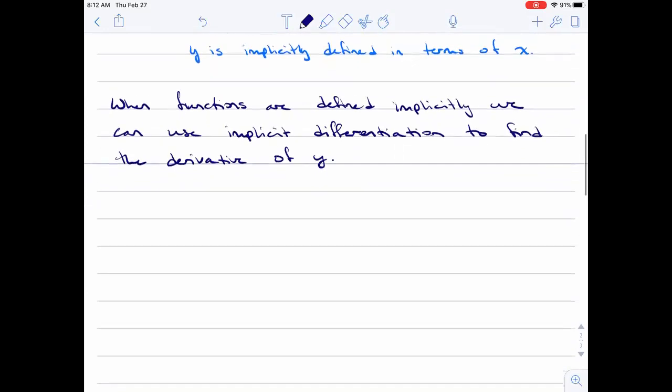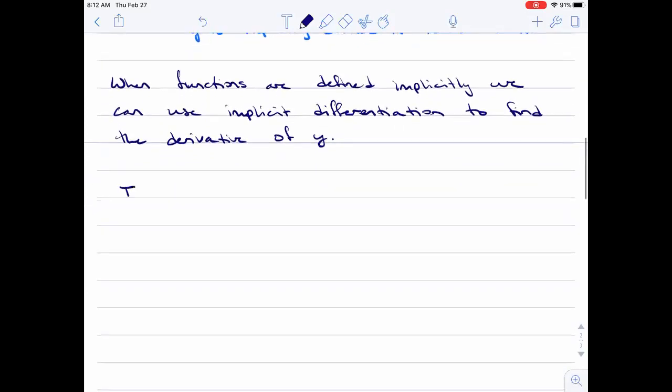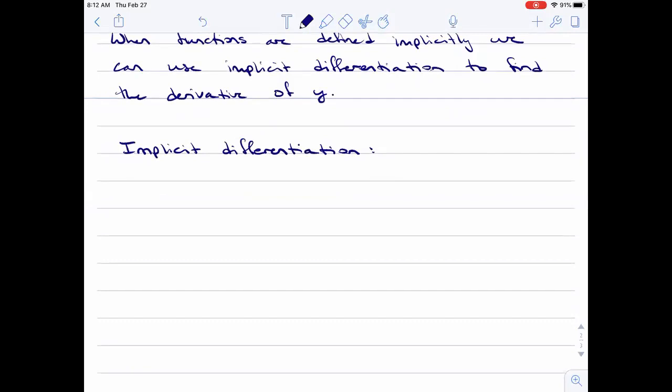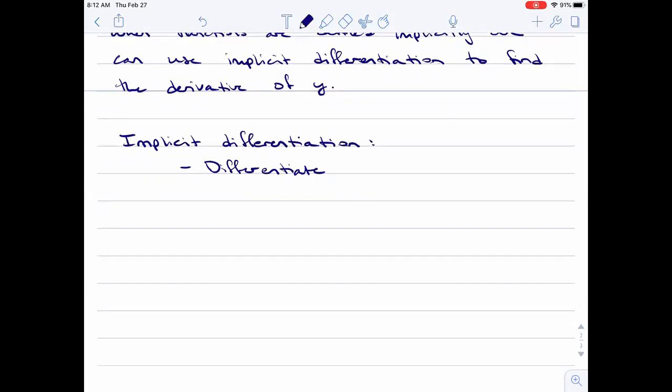So how does it work? Implicit differentiation says that we differentiate, surprise, both sides of the equation with respect to x.